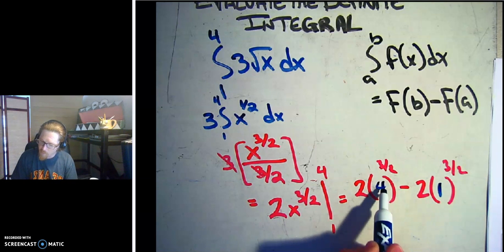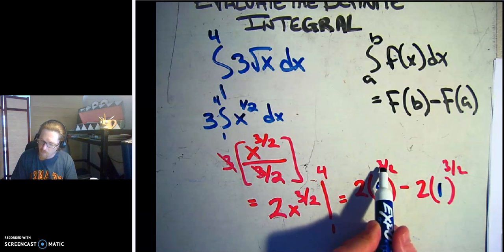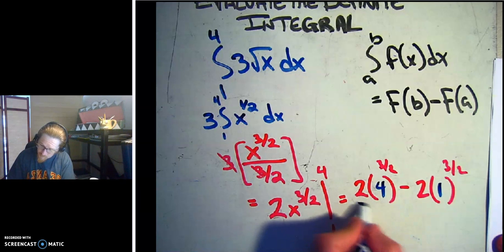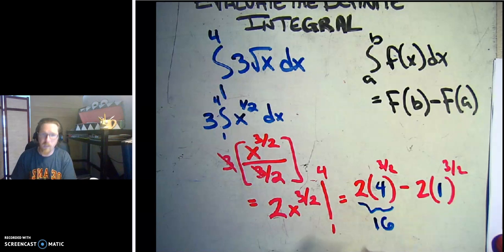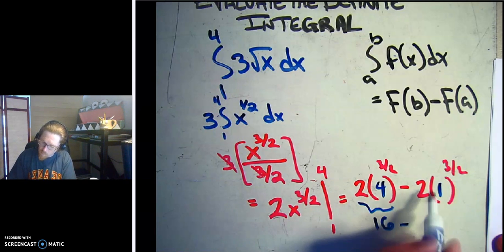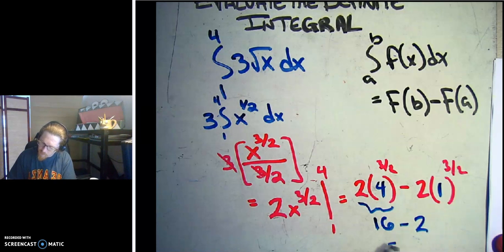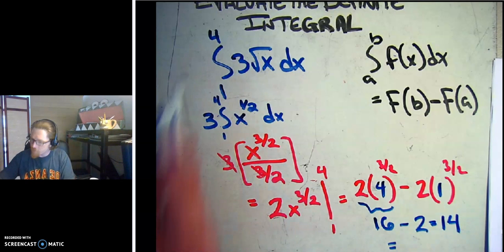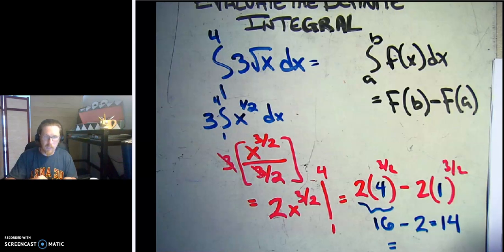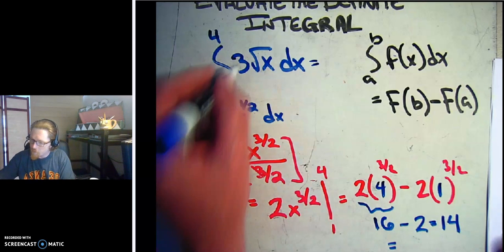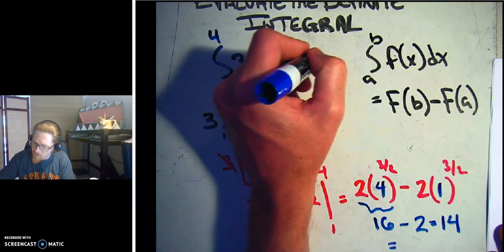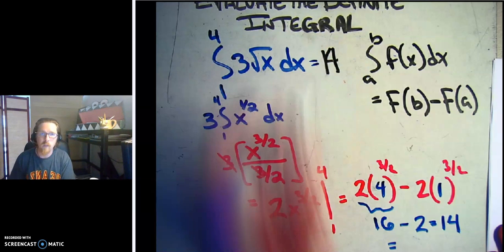I know the square root of 4 is 2, and 2 to the third is 8, and 8 times 2 is 16. So I get a value of 16 here. 1 to the 3 halves is 1, times 2 is 2, and 16 take away 2 is equal to 14. So our answer up here, the integral from 1 to 4 of 3 square root of x dx, is equal to 14.